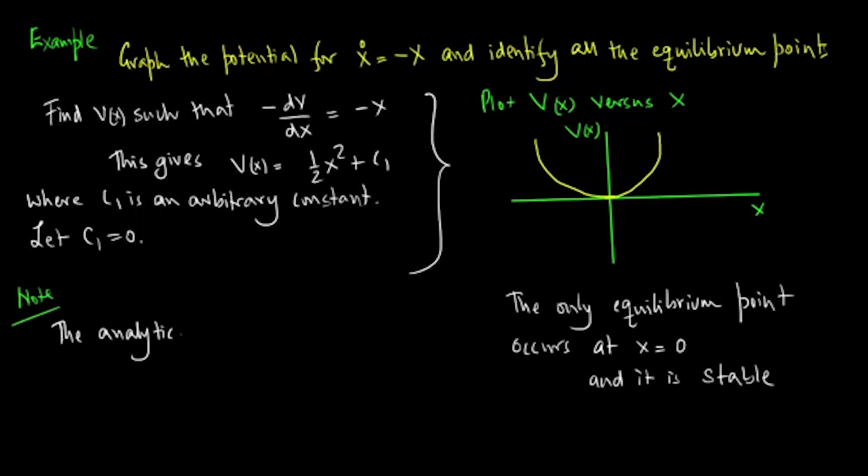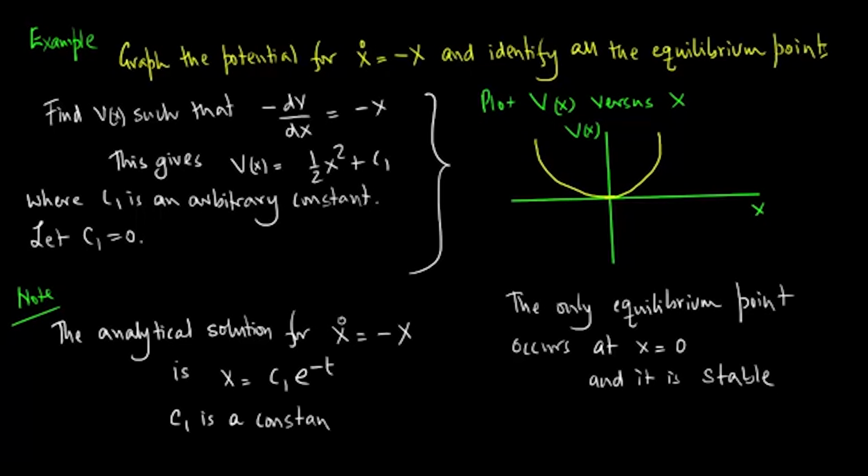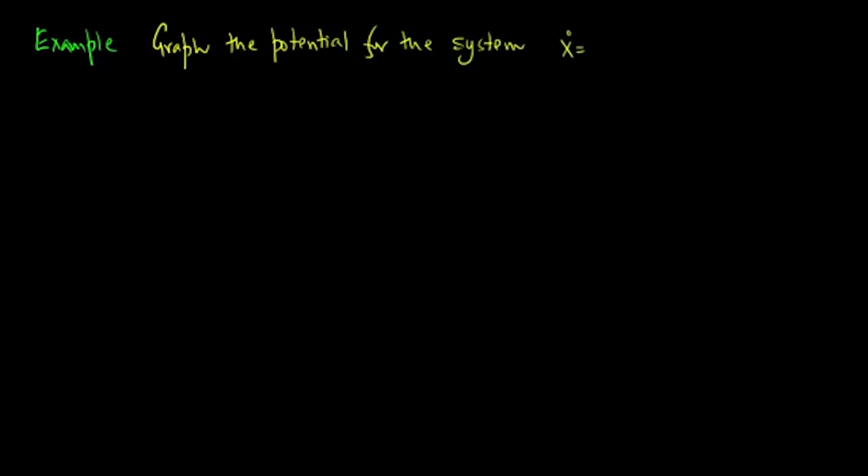The analytical solution for x dot is equal to minus x is just x is equal to c1 e to the minus t, where c1 is a constant. Let's consider another example. Graph the potential for the system x dot is equal to x minus x cubed and identify all equilibrium points.